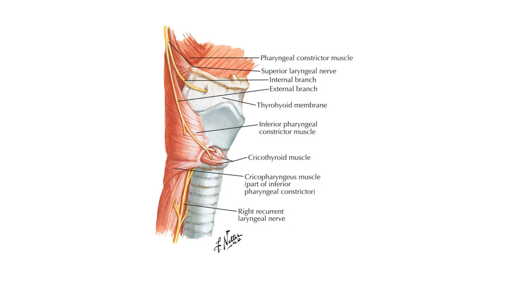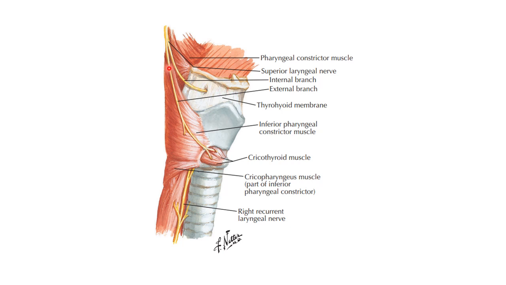Next, this picture will show you the distribution of the superior laryngeal nerve as it gives the internal branch which goes into the internal surface of the larynx to provide sensory innervation as it penetrates the foramina of the thyrohyoid membrane.